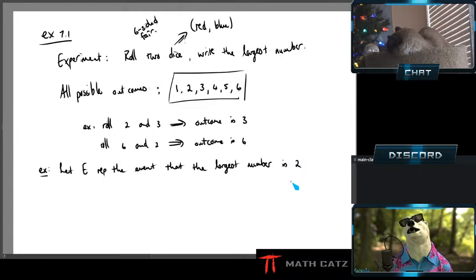Let's just make the first one easy. All right. Largest number is a 2. Then I can, with my current knowledge and experience, write down the probability of this event occurring.